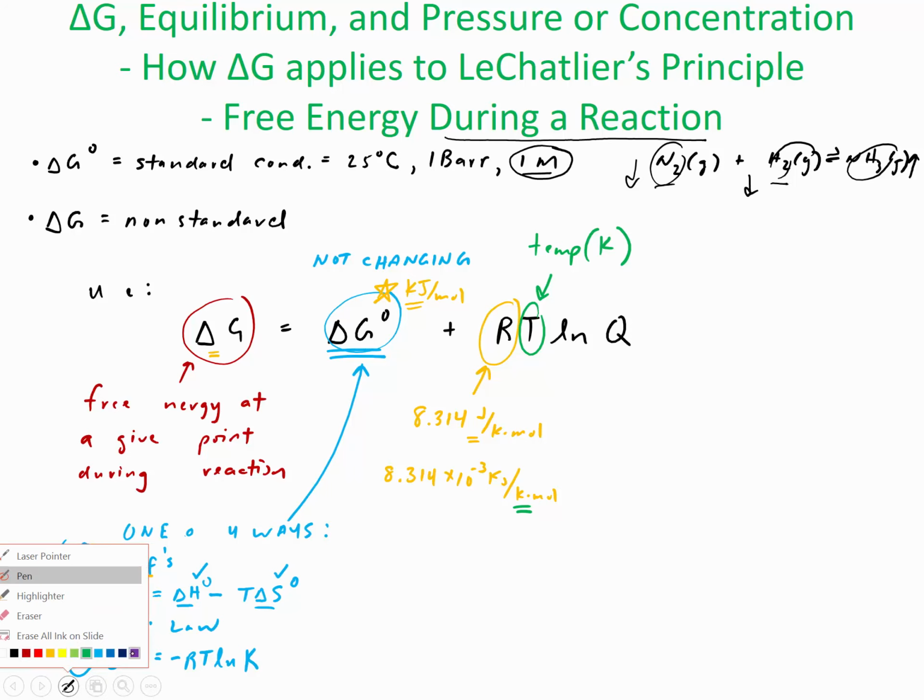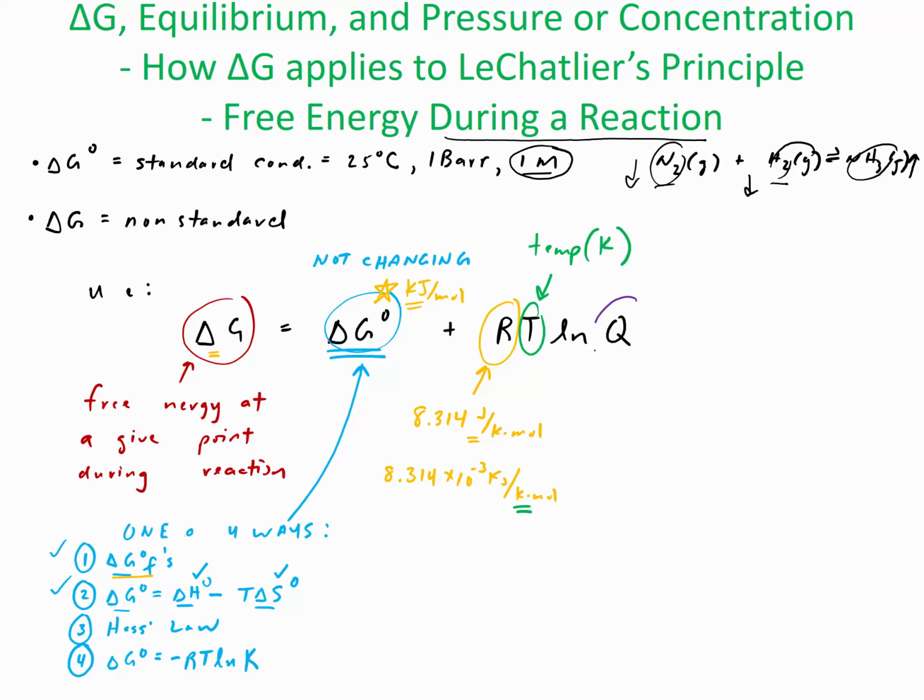Now, the last thing is Q. The whole point of this entire tutorial is actually what Q is all about. If you remember, the way you do it is you use the equilibrium expression but using initial amounts. So we want to use the initial concentrations, or of course we could use pressures here.